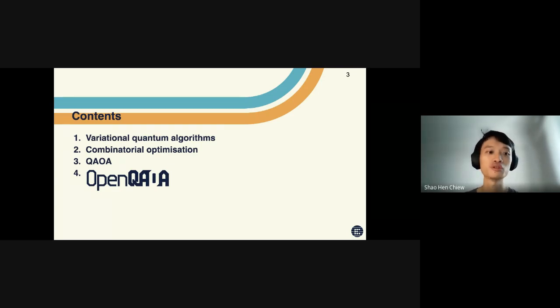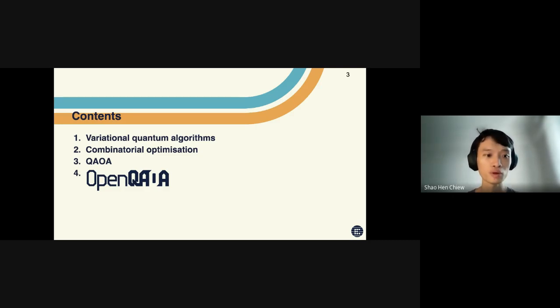One such application is in the field of combinatorial optimization, which is something I'll discuss. A particular kind of variational quantum algorithm that can be applied to solve these kinds of combinatorial optimization problems is the so-called QAOA, or the quantum approximate optimization algorithm.